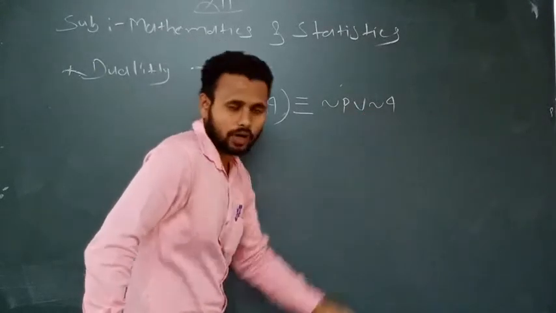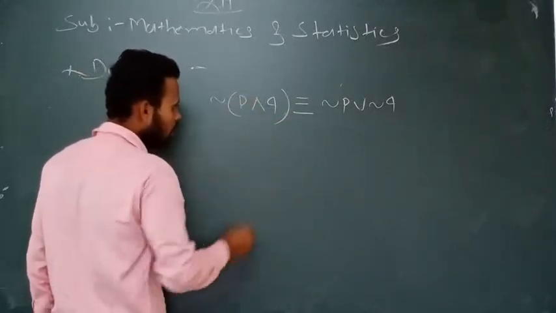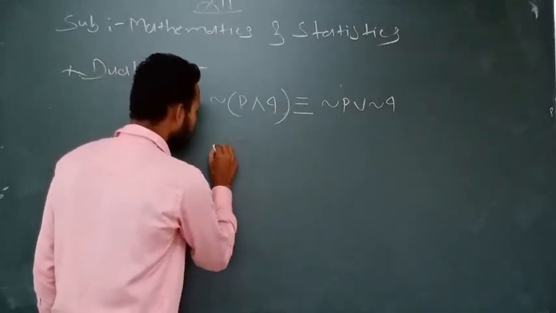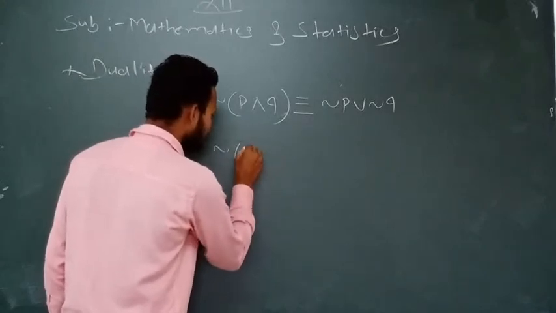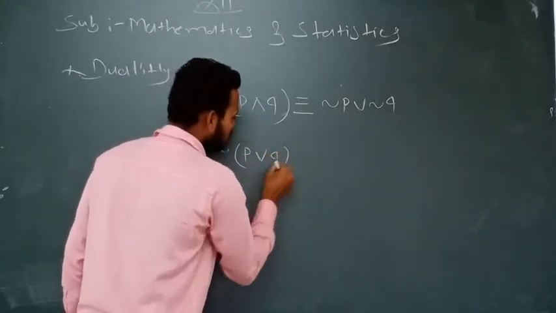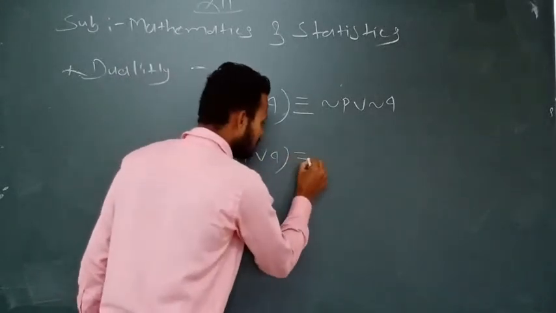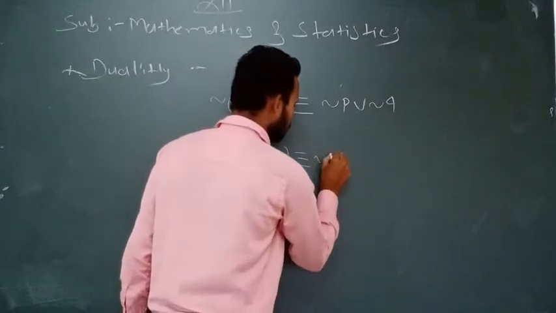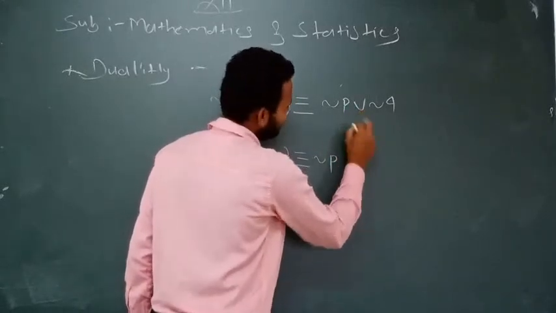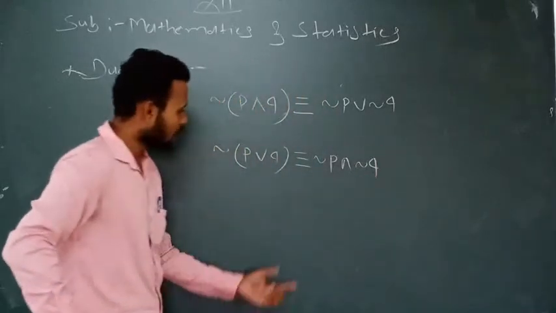Then we get the required dual of that given statement. Therefore the dual of that given statement is negation of P, in place of conjunction we replace disjunction, which is equivalent to negation of P, and here disjunction, therefore we take conjunction, and negation of Q, which is the required dual of the given statement.